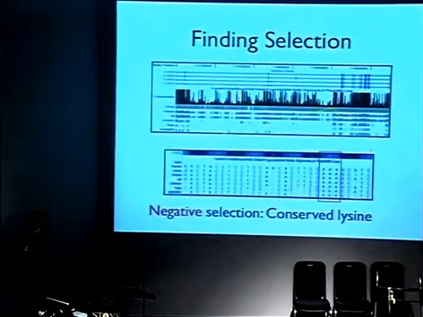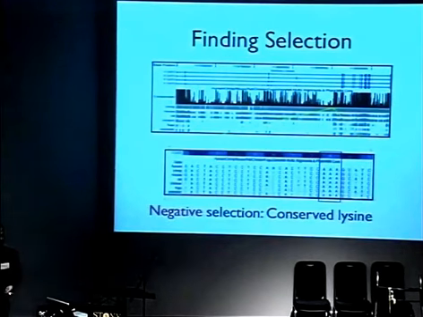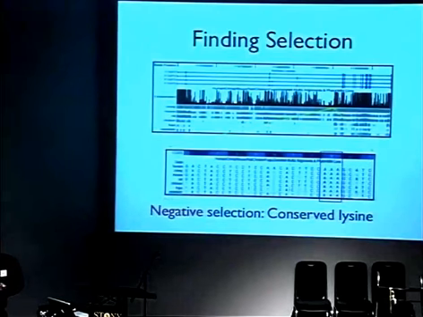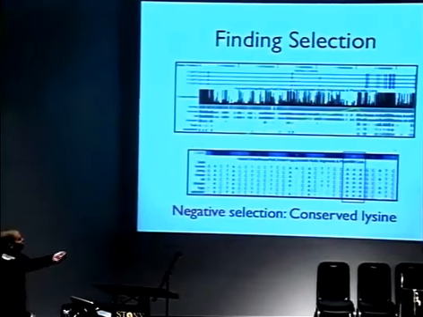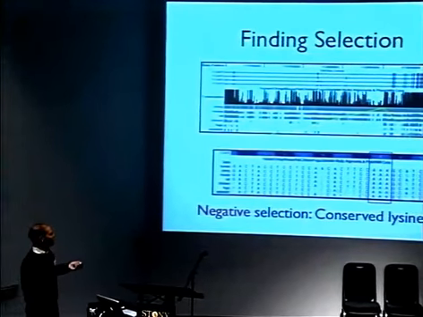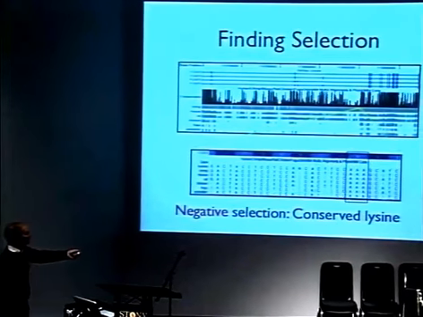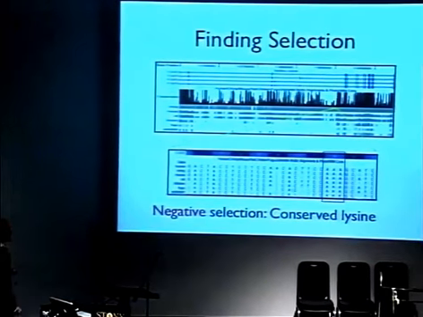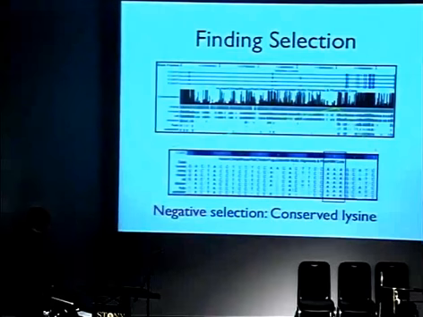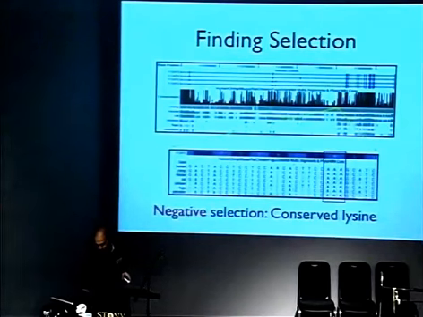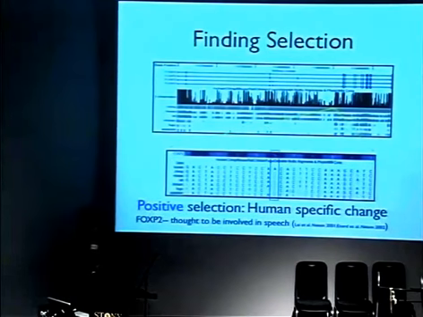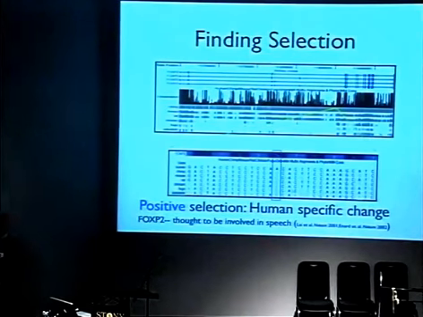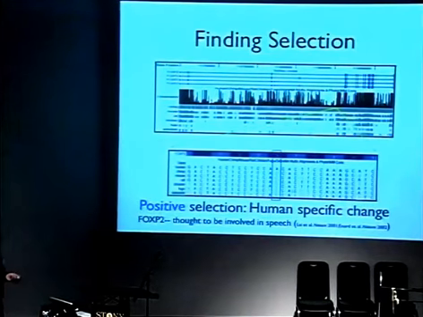So if we're interested in finding negative selection, like the majority of the comparative genomics world is, what we should do is look for conserved regions of genomes. In this case, I've highlighted a conserved amino acid residue, this lysine here, that's conserved from humans all the way down to zebrafish. This lysine happens to occur in a gene that's thought to have been positively selected in the human lineage, the FOXP2 gene.